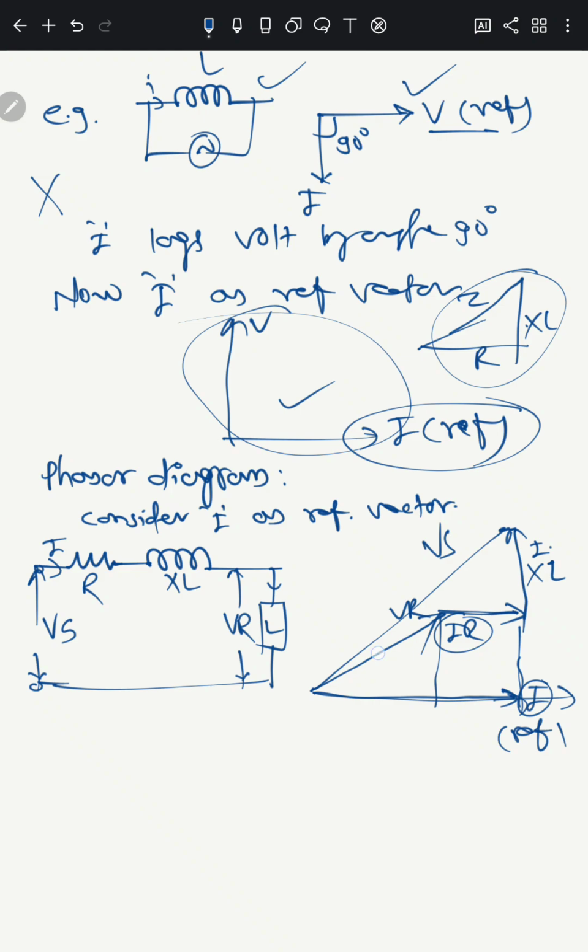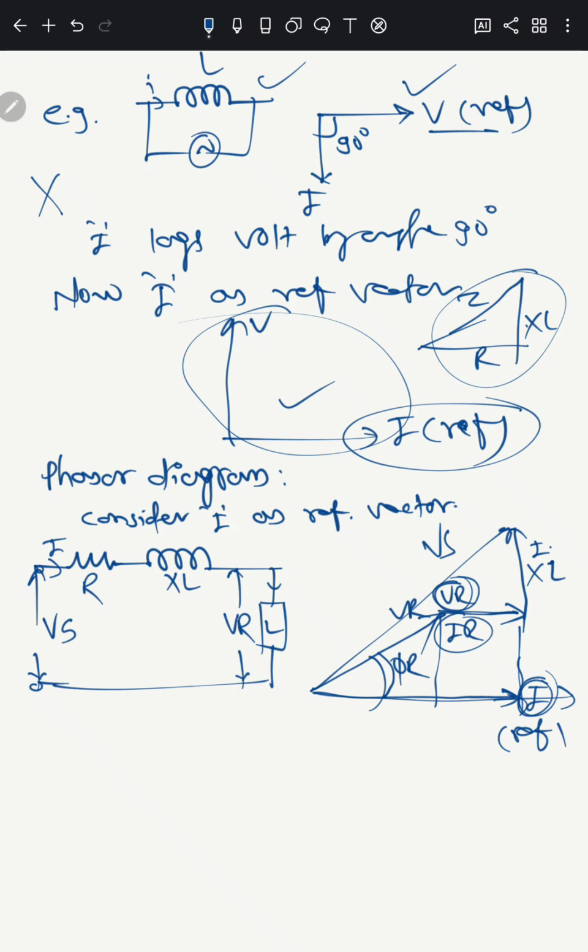The angle between VR and I is phi r. The cosine of the angle between the voltage vector and the current vector is the power factor, so cos phi r is the receiving end power factor.